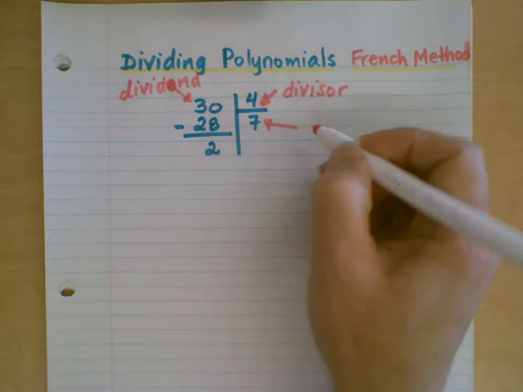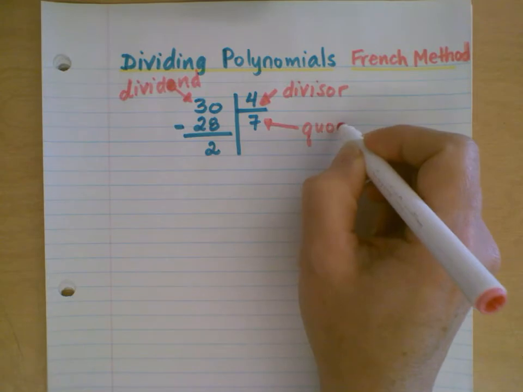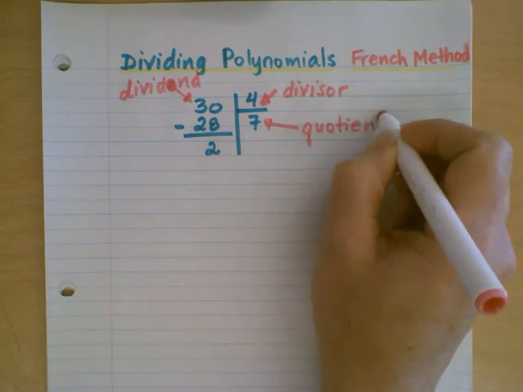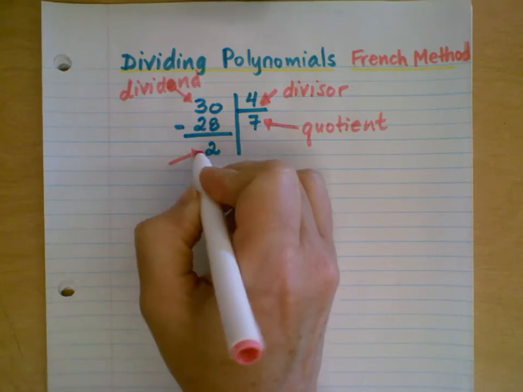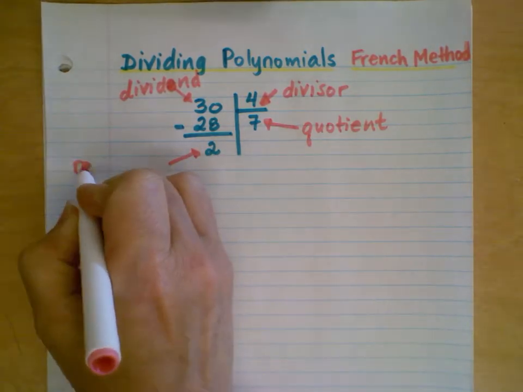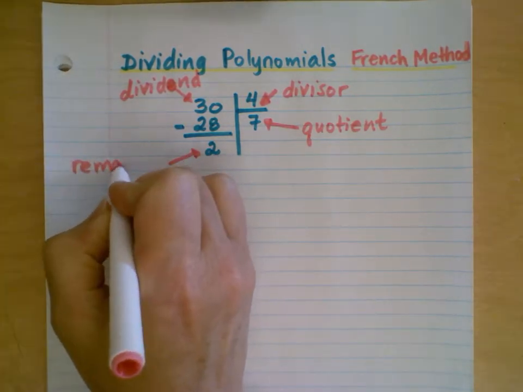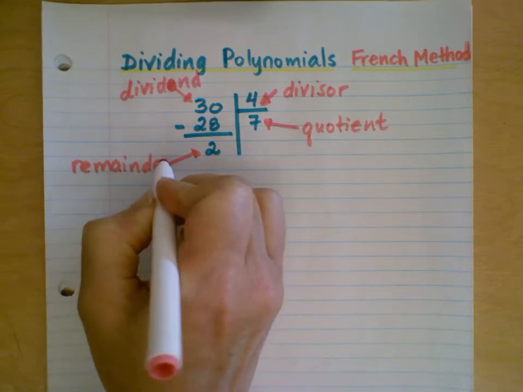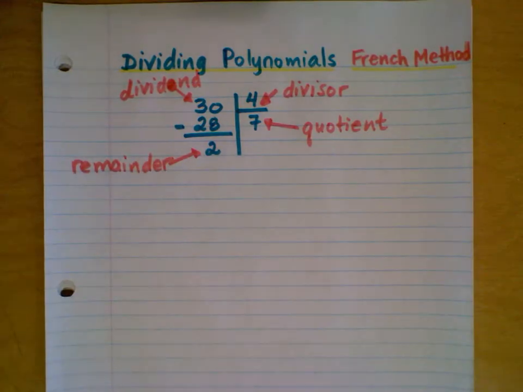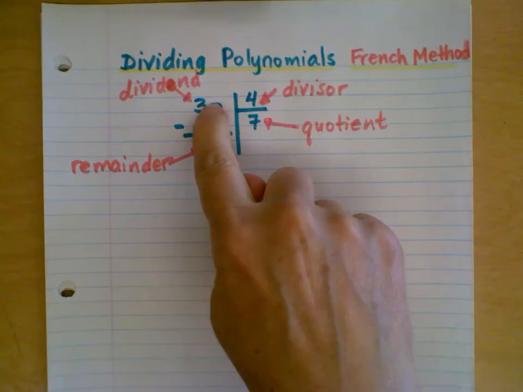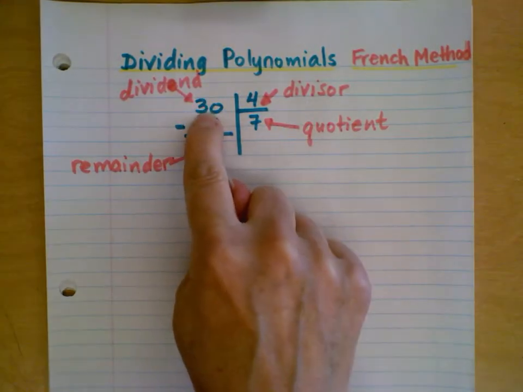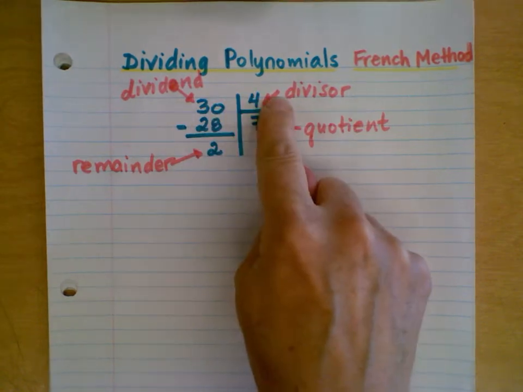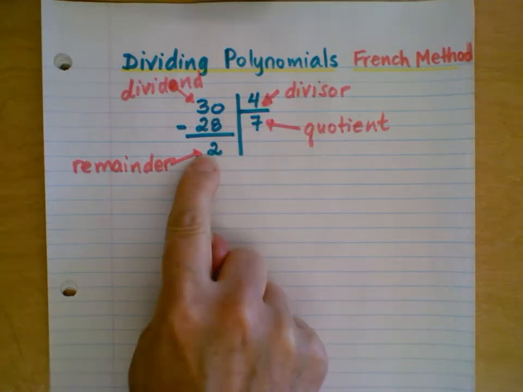This 7 is the quotient, or the result of that division. And the 2 here is the remainder. So it is read in a clockwise sense, that you start with the whole value that you are dealing with, and then what do you divide it by, what is the result, and is there any remainder?